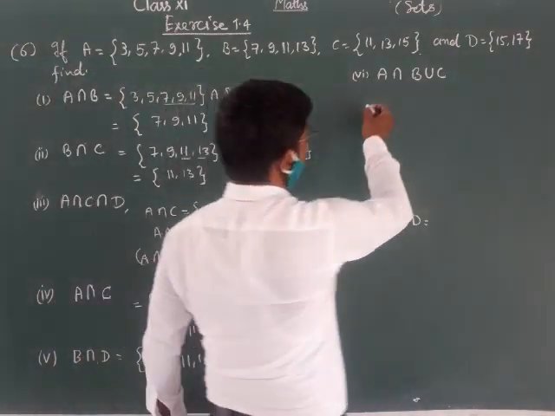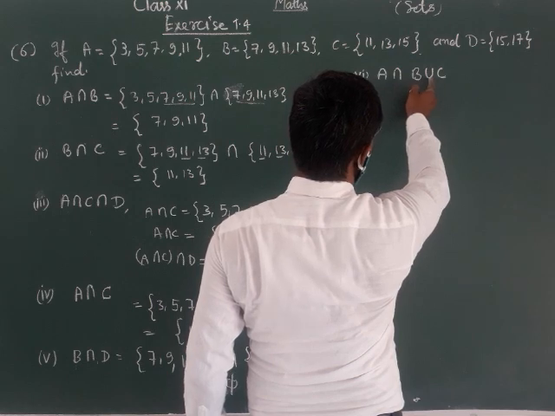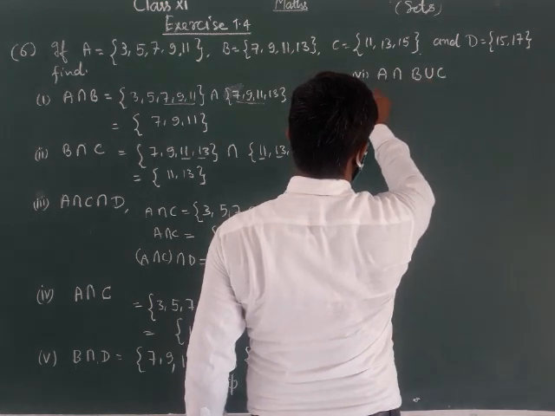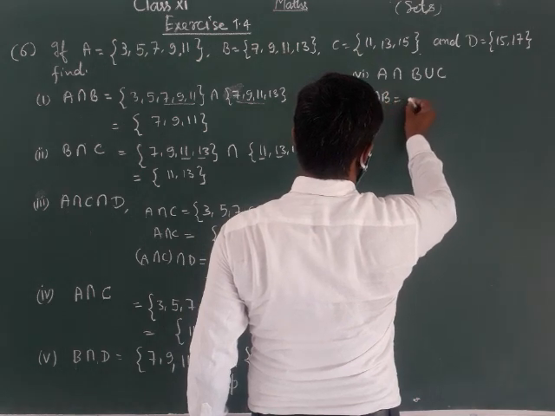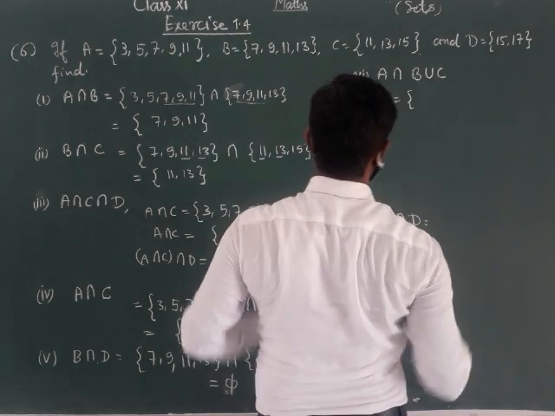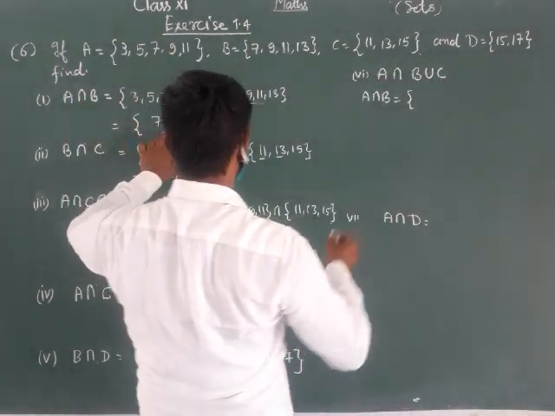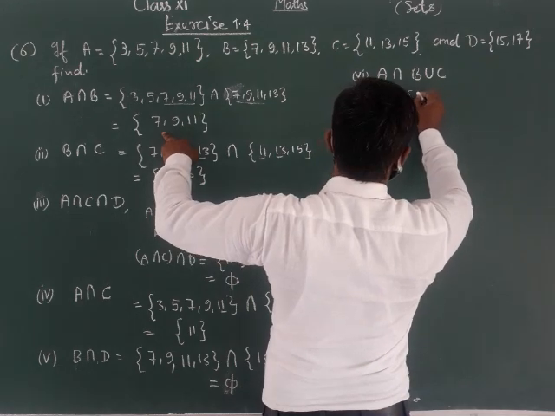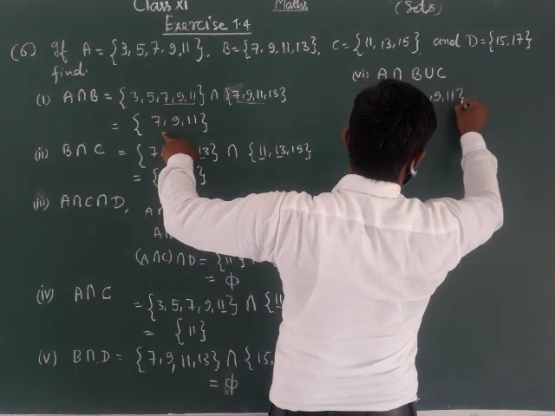And also part 6, A intersection B intersection C. Initially we find A intersection B, taken from the first part above: 7, 9, 11.